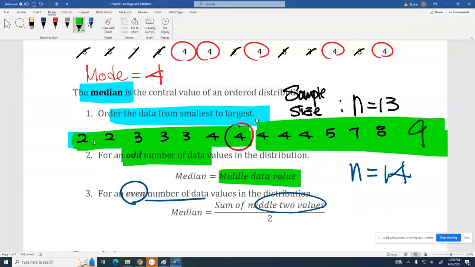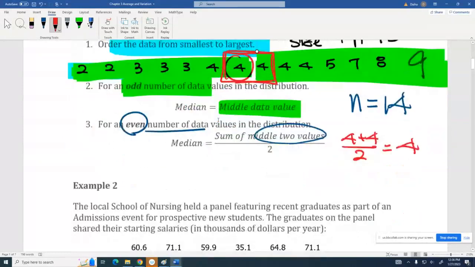In this case, we have a 4 and 4, but we just take the average when we have an even number of cases. So the median will be 4 and 4 divided by 2, which is 4. So we have 2 cases: odd numbers, even numbers.